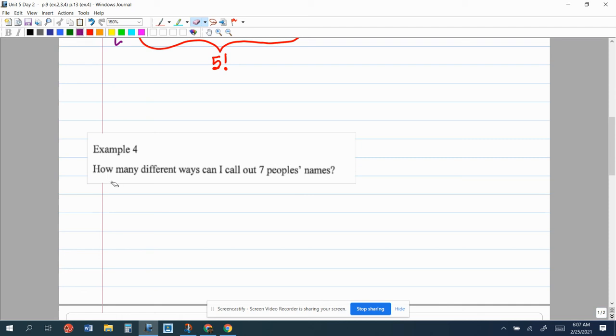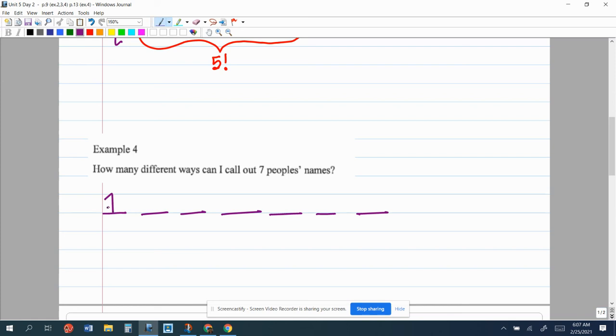example four, they want to know how many different ways can I call out seven people's names. Seven people's names. So now I'm using that illustrative thing that I was showing you before. There are seven elements here. One, two, three, four, five, six, and seven. I have seven names. It doesn't tell me anything about order or if I want a certain person's name in front. So, well, let's just start.